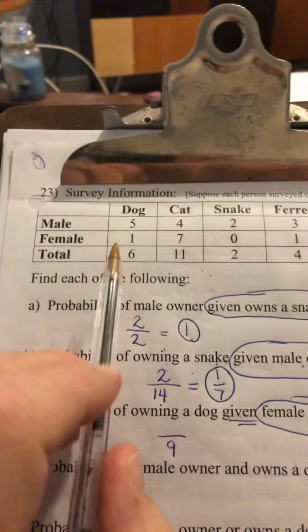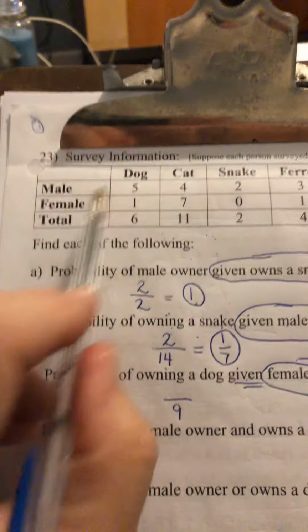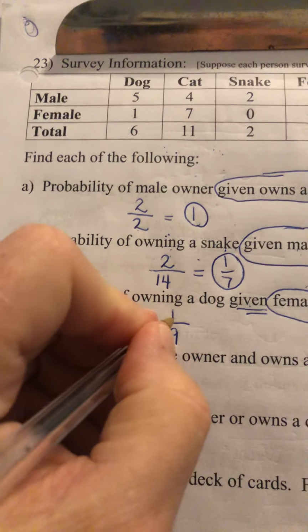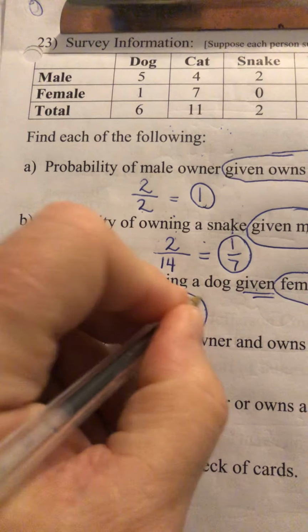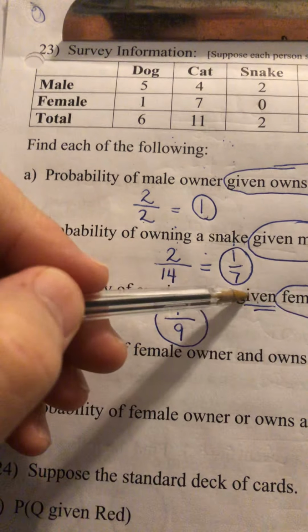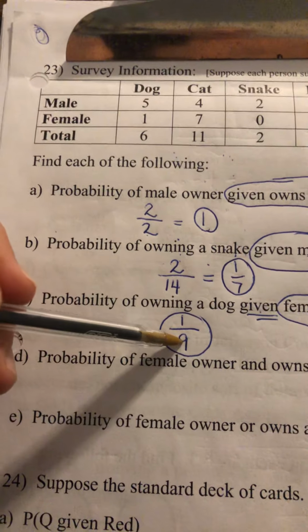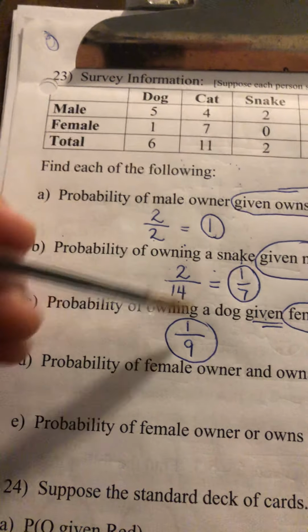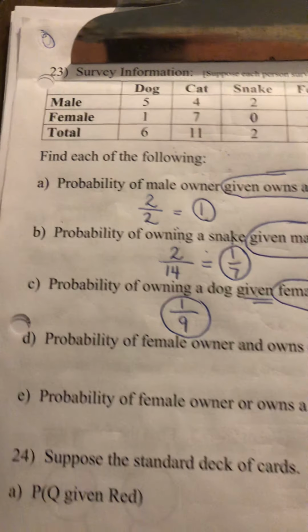Female owning a dog, there's 1. Bingo. You start with the given. That helps you determine the 9. Then you look back at the chart. How many females own a dog? 1. 1/9 is the probability.